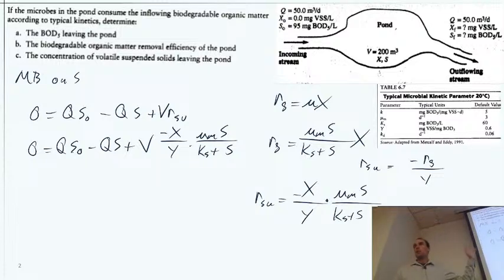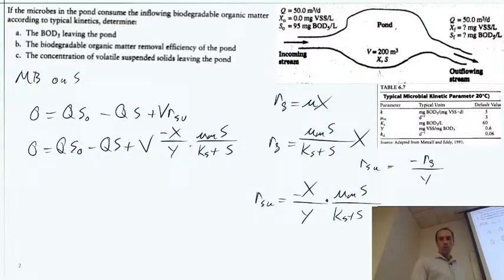But just to remind you, what we're dealing with is this pond. We wanted to know first, the first part, what is the BOD? What is that substrate, S, concentration leaving, and how do we find that? So we ended up doing the counterintuitive thing, doing a mass balance on X, which because there was no X coming in, we had some variables cancel. That was quite convenient.